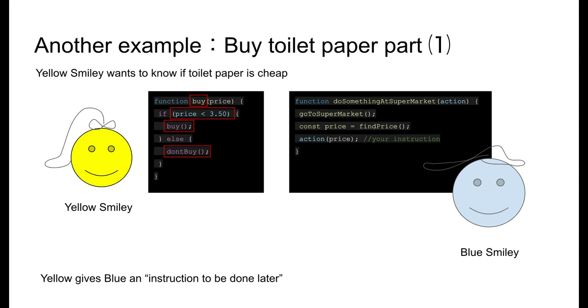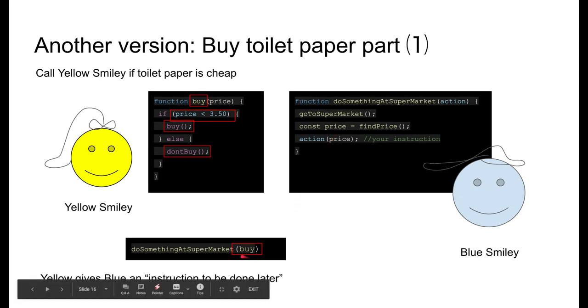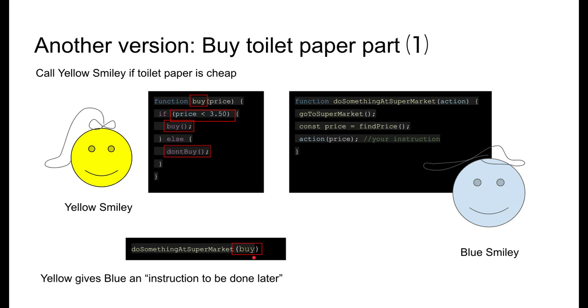The benefit of a callback function is that we can pass in any instruction we want. So let's look at another example where our callback function is slightly different than the previous one. So now, yellow wants blue to buy toilet paper if it's less than $3.50. Otherwise, she doesn't want him to buy it. So we pass in our function, which is buy here, in our do something at supermarket.